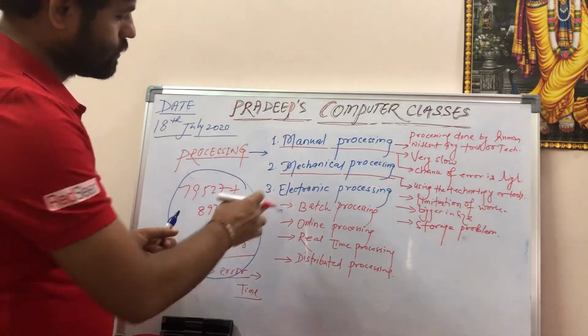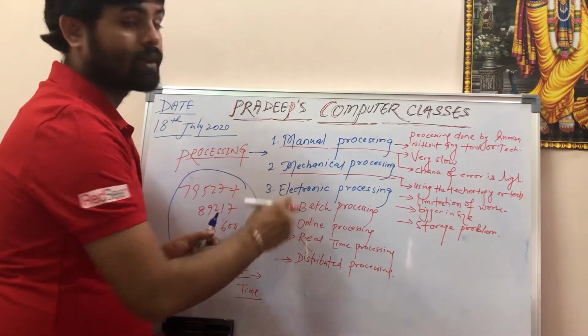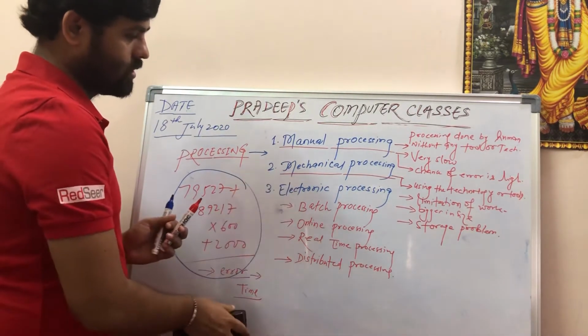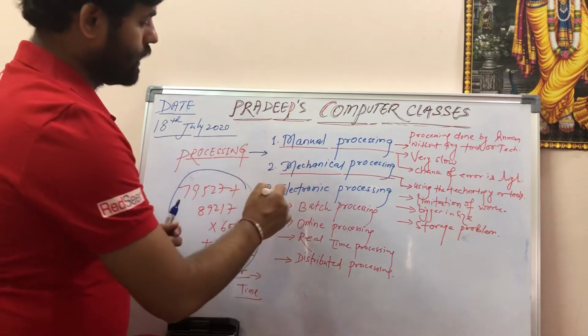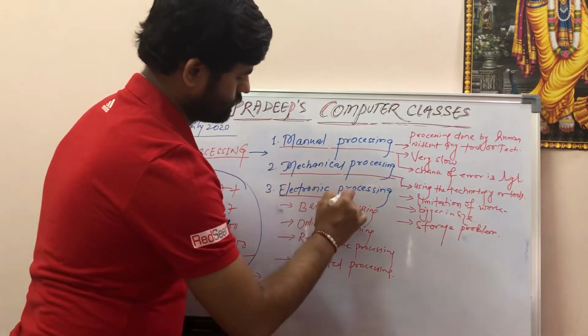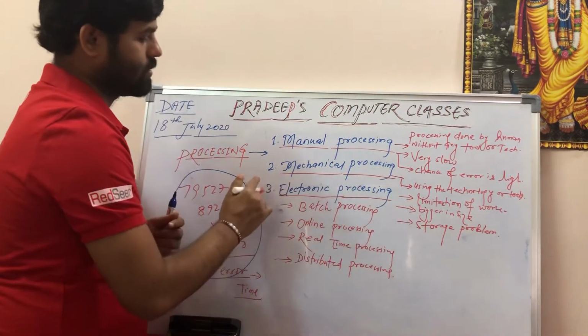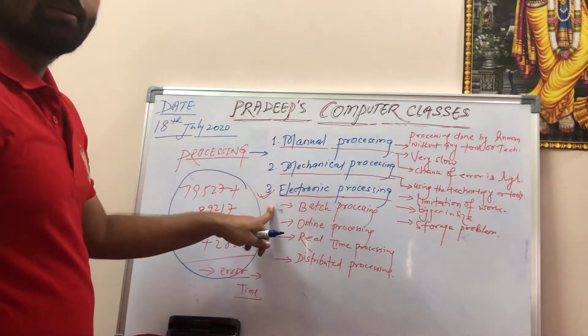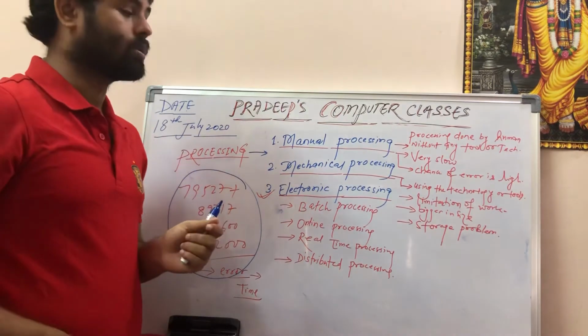So the next processing we have come to is electronic processing. This electronic processing is important, and this is our life actually. Electronic processing means the processing done by the computer.